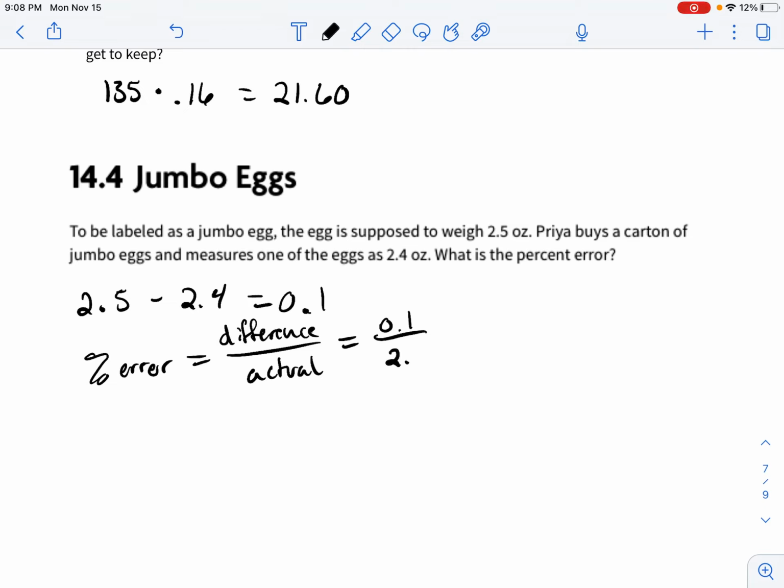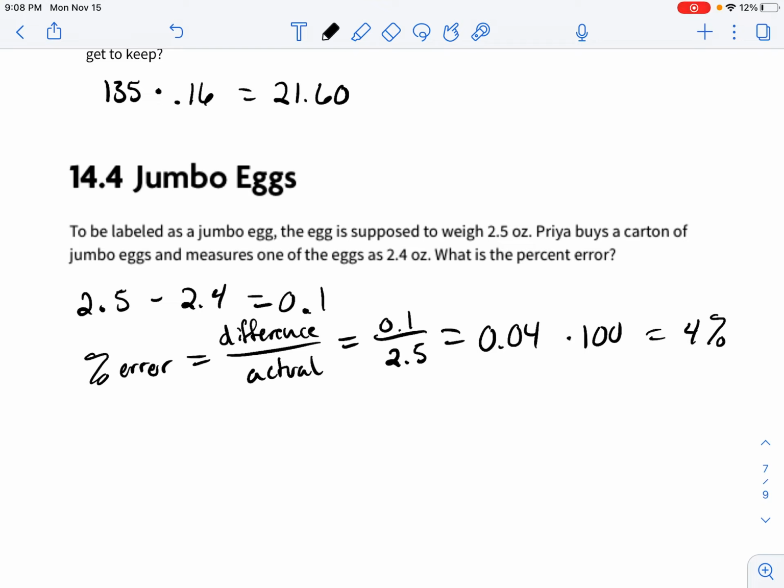The actual weight is supposed to be 2.5, so you're going to use 2.5, not 2.4. Using 2.4 would make it a little different, but it's going to be fairly close to the same. So 0.1 divided by 2.5 gives us 0.04. So times that by 100, and you get a 4% error.